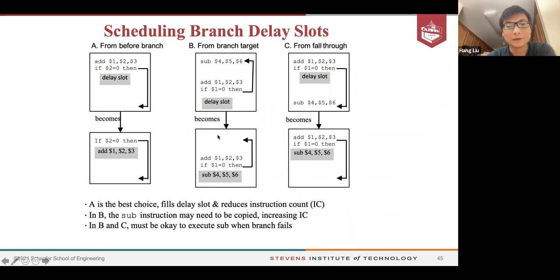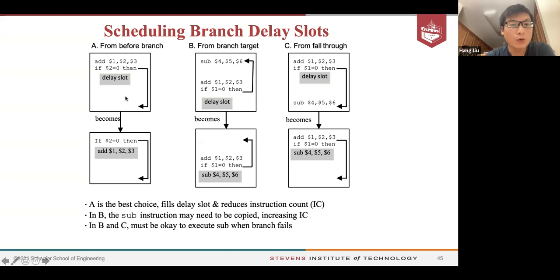Assuming we have this subtraction here, we delay it to here. So when you are executing the branch, you always have some instruction that always has to be executed, right? Then we use the subtraction, which means this instruction, no matter what, has to be executed, and we fill in the delay slot.